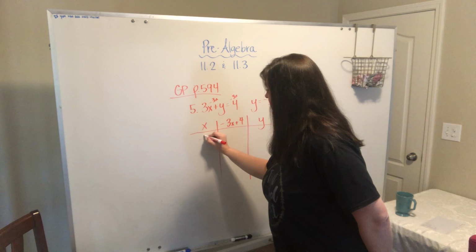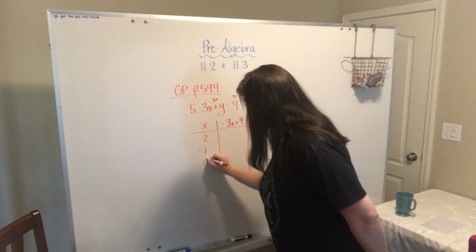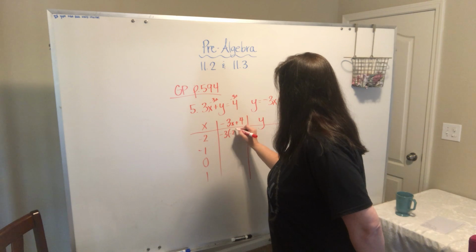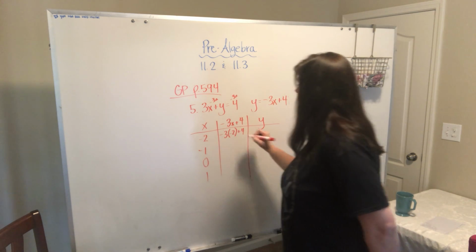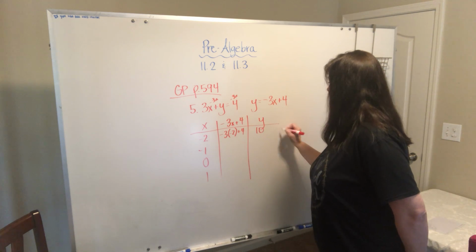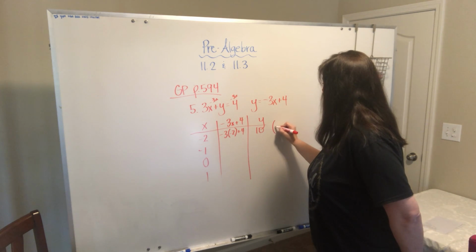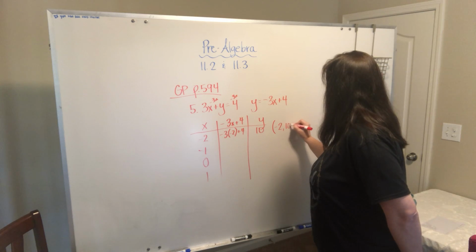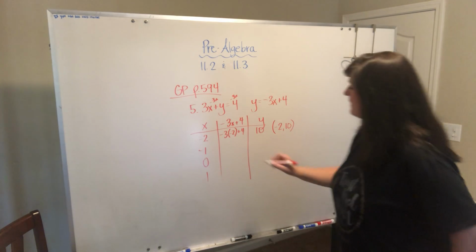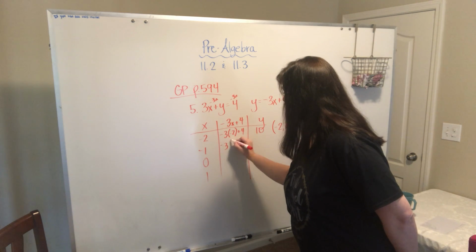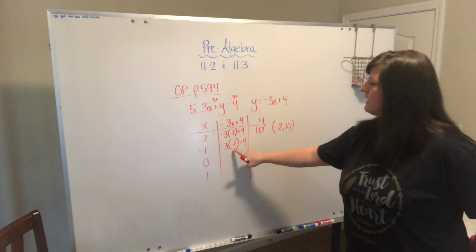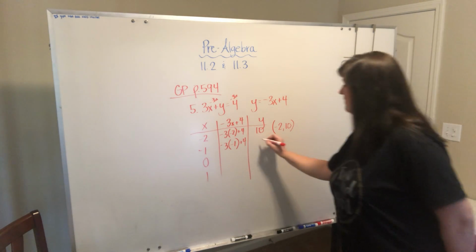So I'm going to do this. Again, we're going to use negative 2, negative 1, 0, and 1. Negative 3 times negative 2 is 6 plus 4. That's 10. So here we are. Negative 2, 10. Okay? And then I'm going to plug in negative 1. Negative 3 times negative 1. Negative negative is positive.